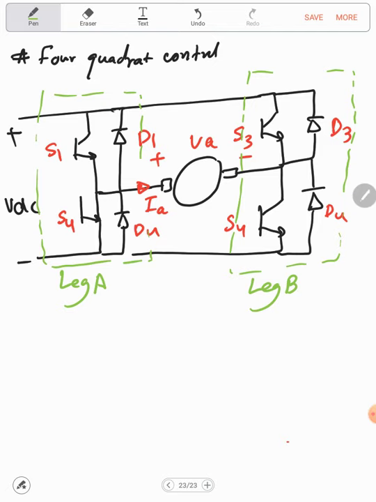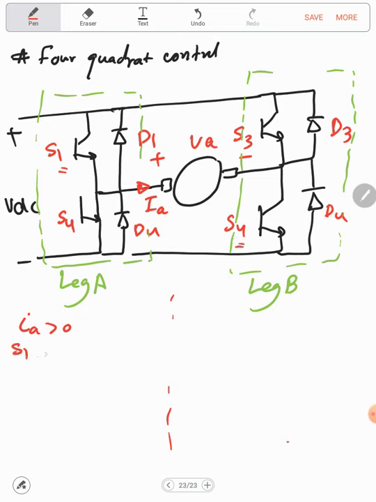Now the same, if I need to discuss the mode of operation here, I need to discuss for positive current and for negative current. So let's assume that here we have positive current, which means that IA greater than 0, and let's discuss the possible scenarios. The first one, S1 and S4 are conducting.